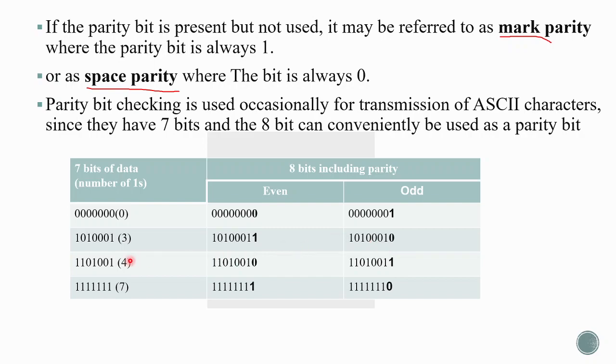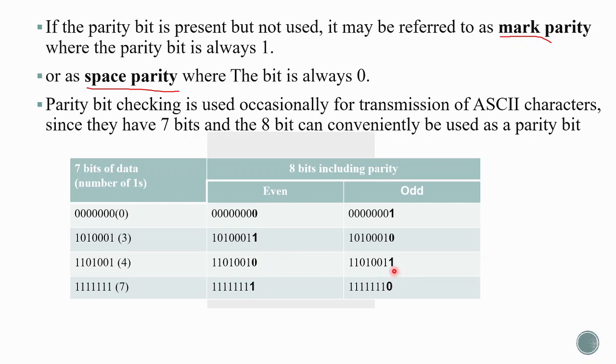Next, here there are 4 ones. Then the total number of ones is 4. It's already an even number. So for even parity, we can add a 0 to make it even, right? For odd parity, we have to make it an odd number.